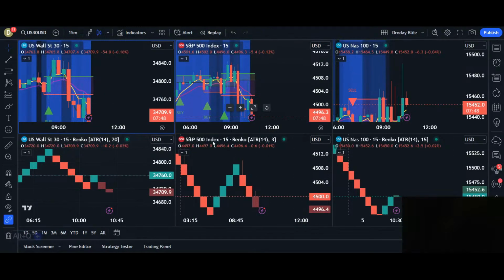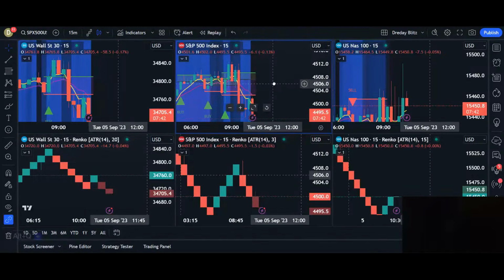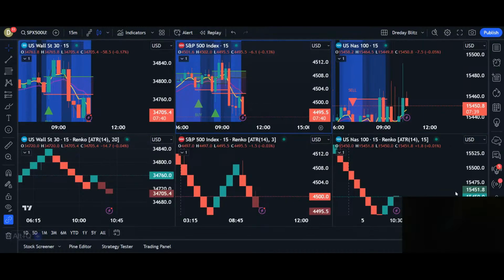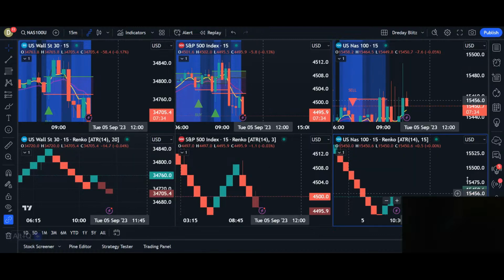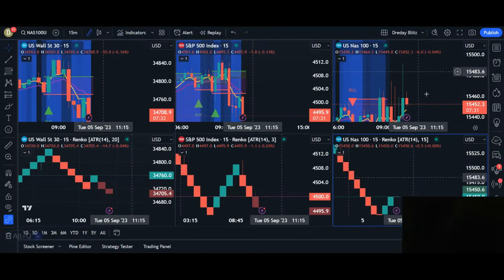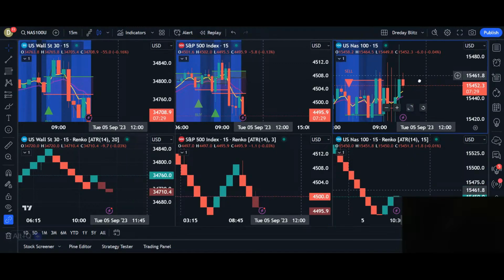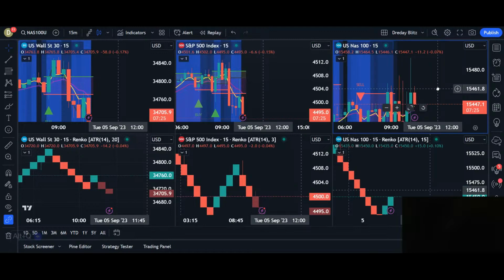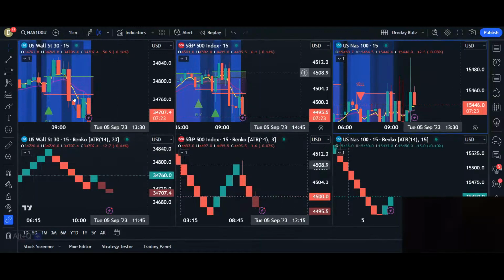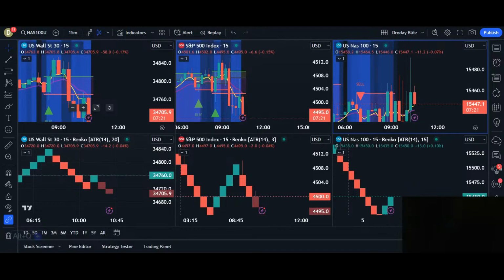Same thing for S&P 500, I'll be out. And if you were in on NAS 100 since the start of the session, currently you would still be in the trade, and you would be in profit. But that will be based on your own setup analysis.